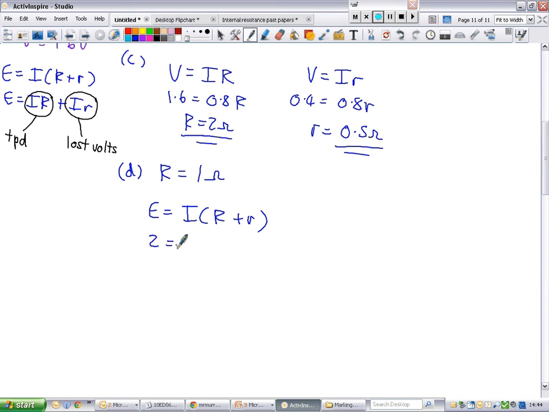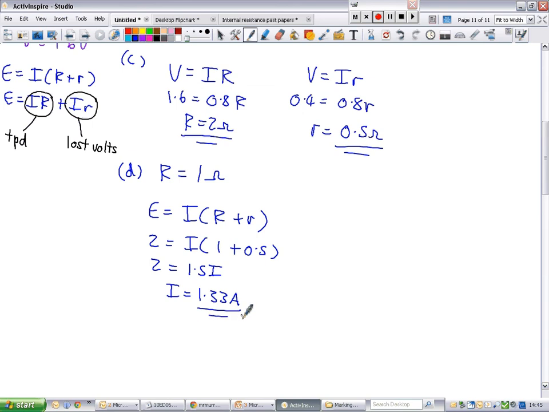That's the amount of energy the battery has before it's connected to anything. So it's I multiplied by 1 plus 0.5 this time. So 2 will be equal to 1.5 I, so therefore I is 2 divided by 1.5, so you get I as being 1.33 amps.